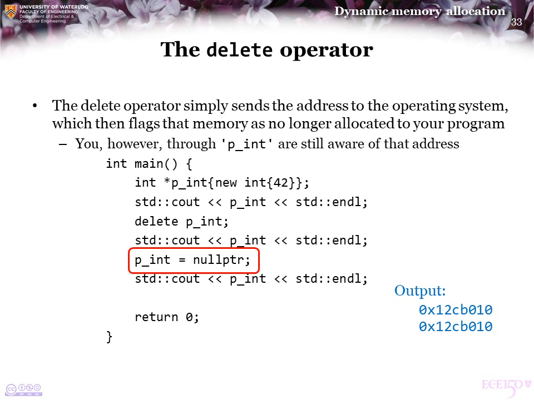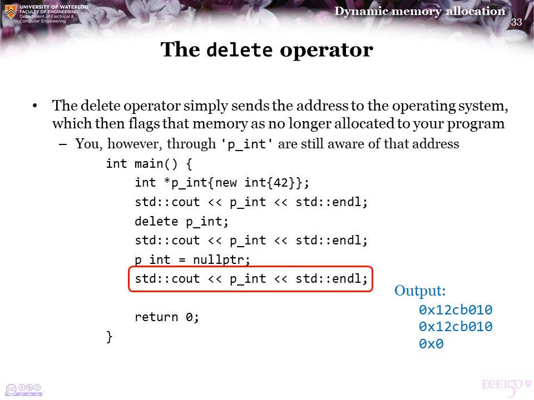So now the local variable p_int is assigned 0. So now when we print out that address, we see 0 printed to the screen. We have told the operating system we no longer need that memory, and we have now assigned 0 to that local variable.